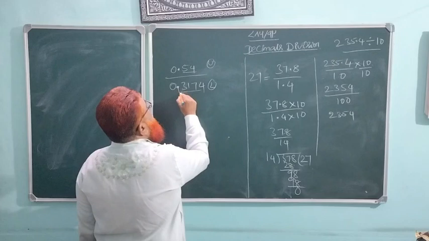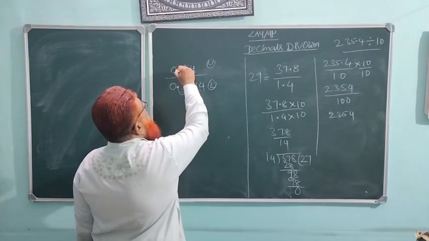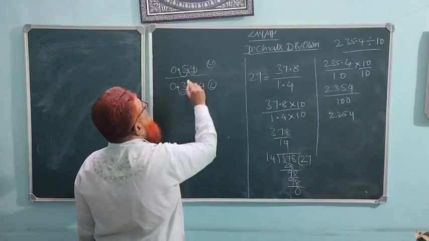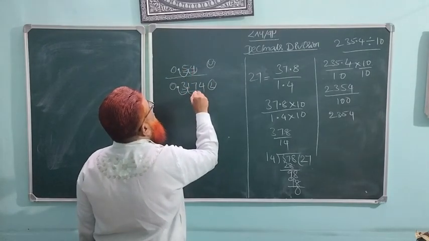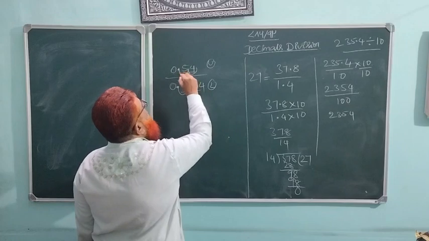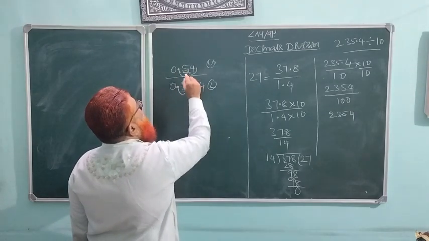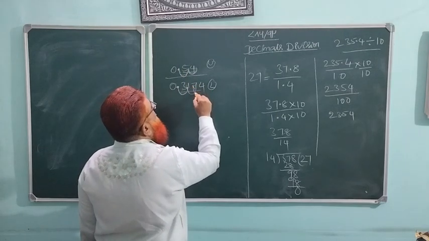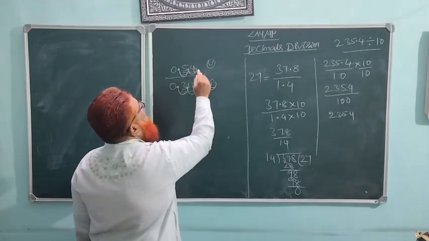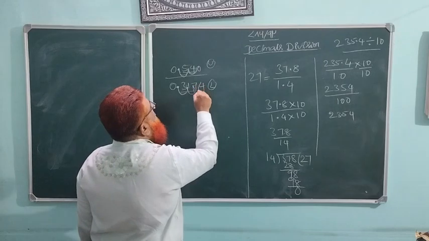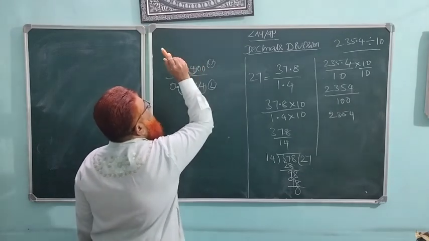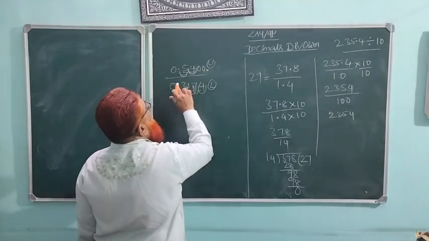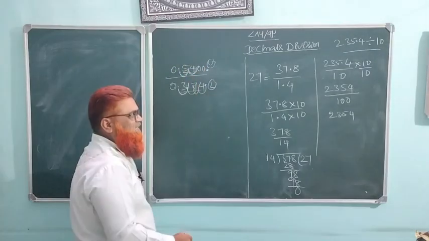I just displace the decimal. This 5 is displaced to 3, this 4 is displaced to 1, and this is displaced to 7, there is no place, you put 0. And again it is displaced to 4, there is no place, you put 0. So completely this decimal has come to this side and this decimal has come to this side.